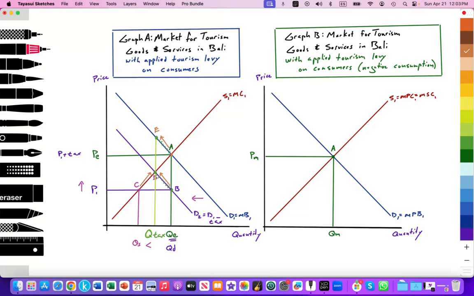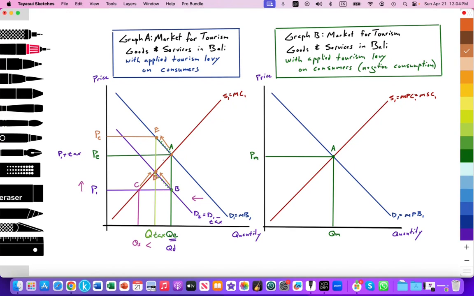Okay? That will be the price that they are going to eventually pay with the tax. So we're going to label this price paid by the consumer. So here we have the price that they are willing to pay with the tax. If we subtract the tax, we're at point D. All right, D2 being what you're willing and able to pay before the tax.